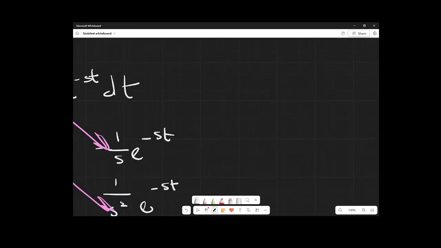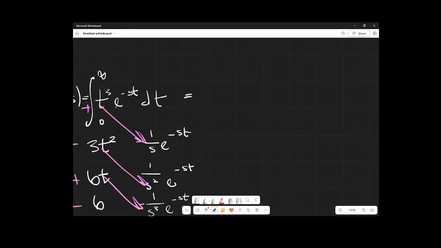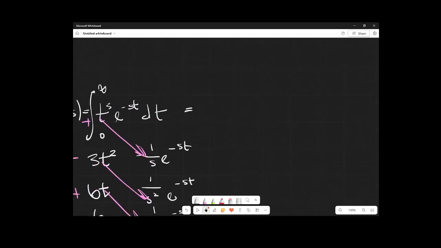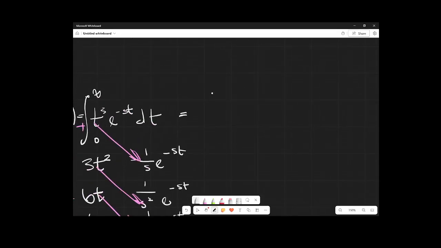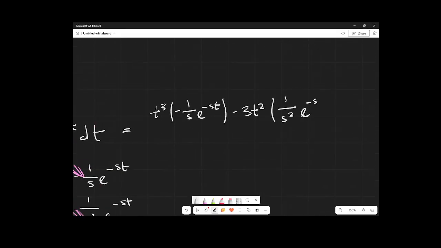We end up getting that this integral is equal to t cubed times negative 1 over s e to the negative st, minus 3t squared, and then times the quantity 1 over s squared e to the negative st.